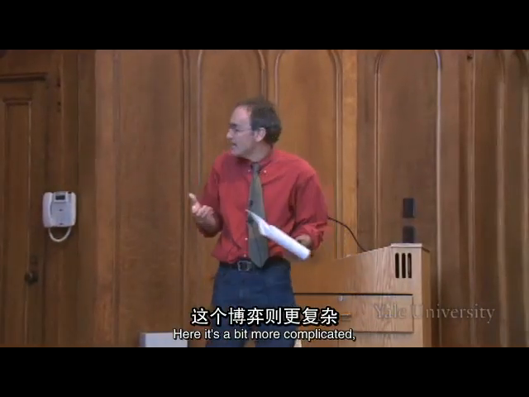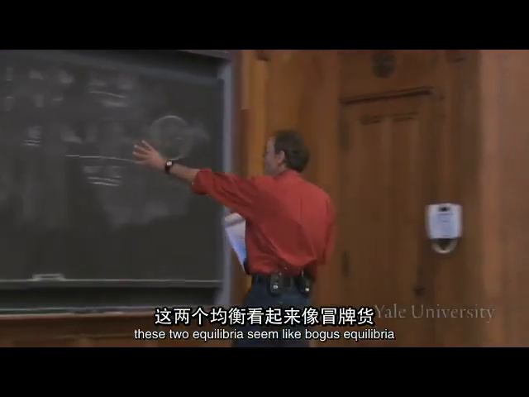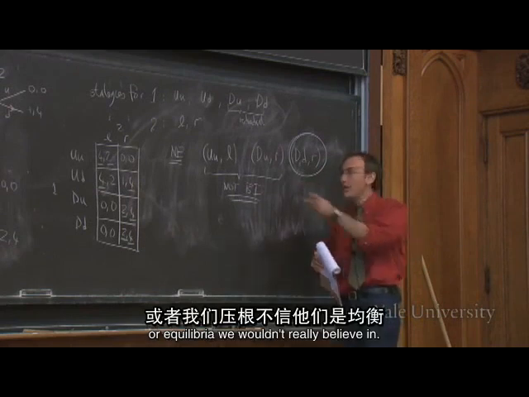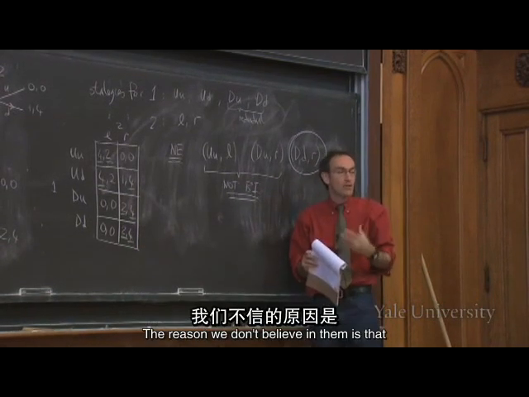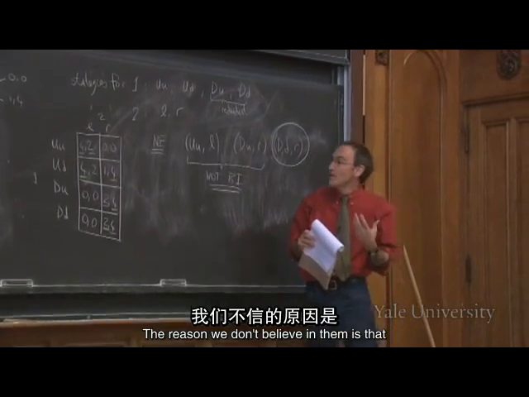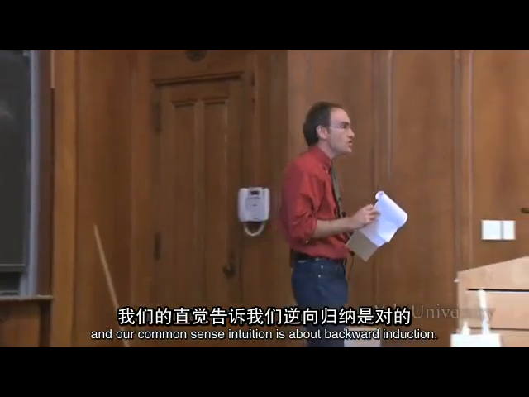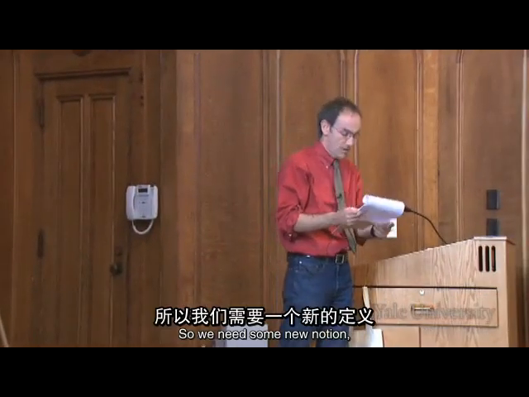Here it's a bit more complicated, but nevertheless, these 2 equilibria seem like bogus equilibria, or phony equilibria, or equilibria we wouldn't really believe in. And the reason we don't believe in them is that they don't correspond to backward induction and our common sense intuitions about backward induction.